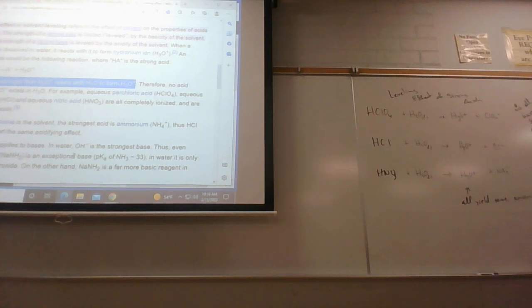Well, it turns out that acetate is actually quite a bit stronger than water, but water can pluck off some of the protons, and so we form a little bit of hydronium plus acetate.